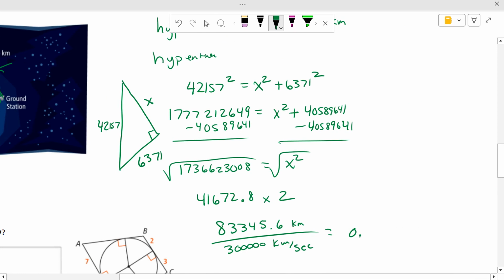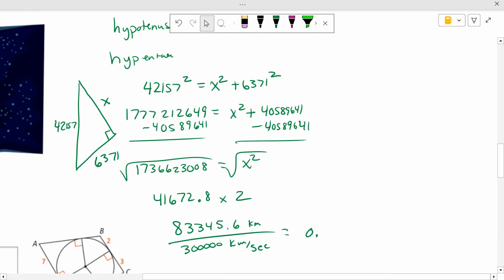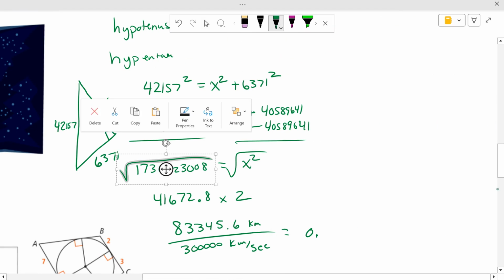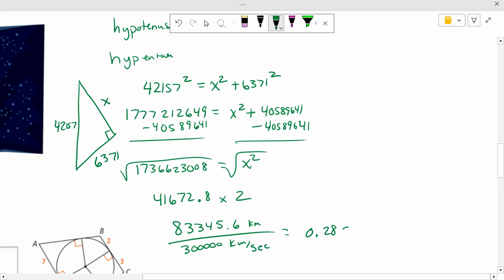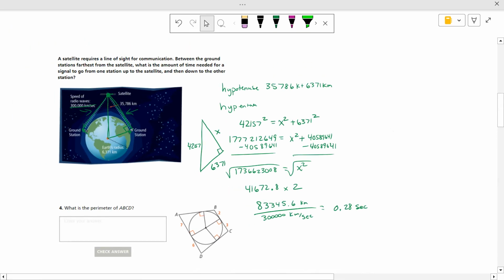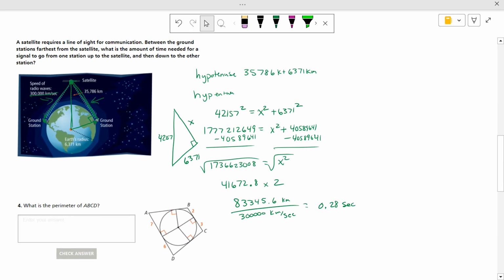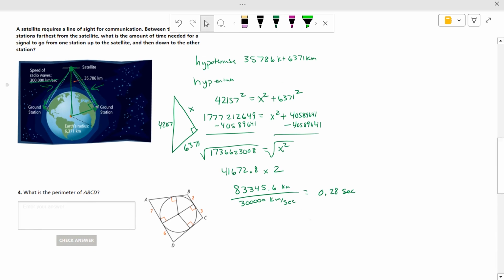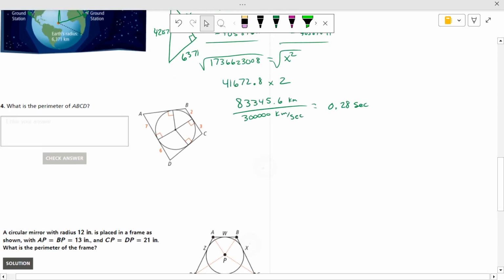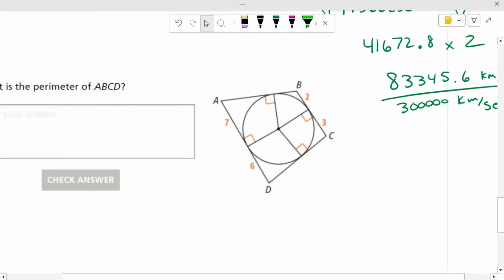Take 83,345.6 divided by 300,000, to the nearest hundredth. 0.28 seconds. So it takes about a quarter of a second to go from the ground up to the satellite and back to the ground again. Okay? It doesn't take very long.